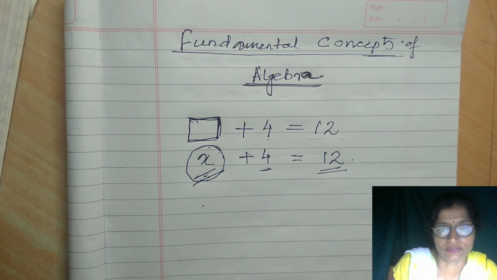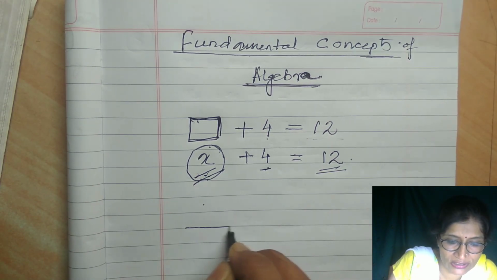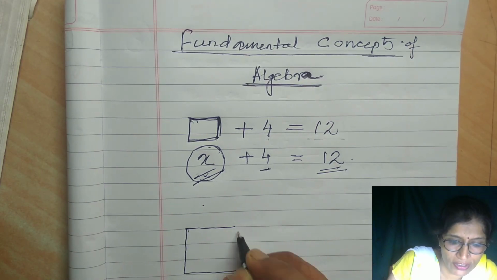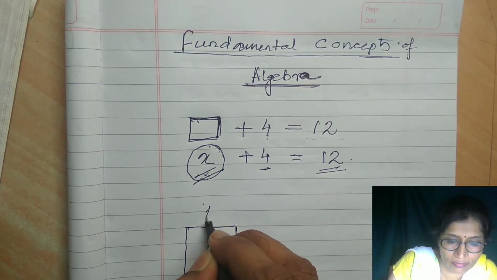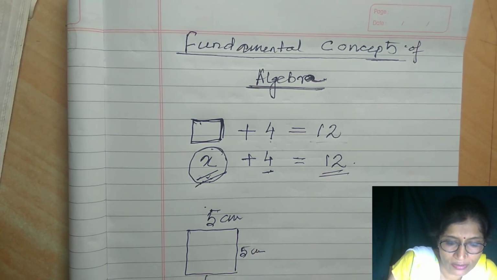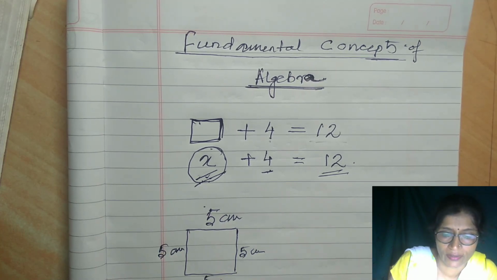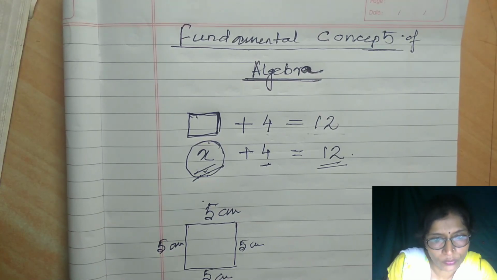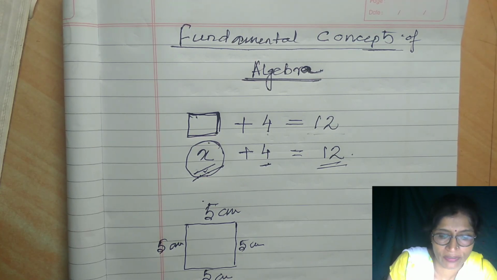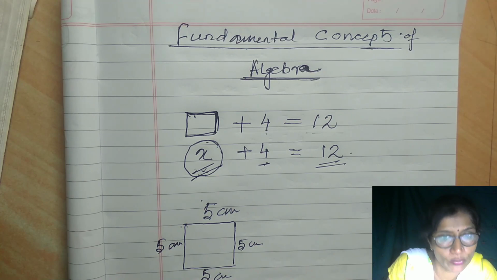Now for example, a square is there, and each of its sides is 5 centimeter. I ask you, what is the perimeter? Perimeter means the total length of the boundary or the border.